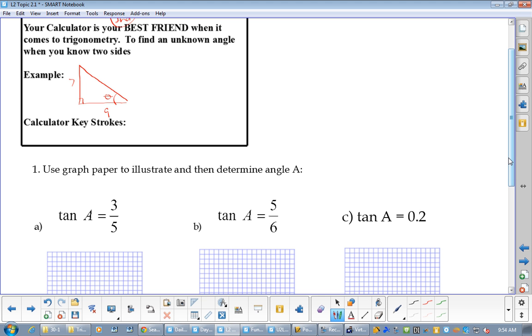So I've always been in the habit, from here, I go like this and go like that. The 9 would be adjacent. See how it's touching the right angle and the angle, and this is the hypotenuse. I do this for every question I do. I write that down. It's kind of like the kill him dead, right?